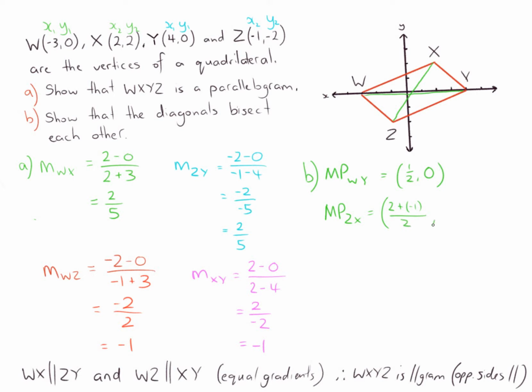And we add the y-coordinates together and divide by 2, we get 2 plus negative 2 over 2. And when we simplify this, we will have the midpoint of ZX. 2 plus negative 1 is just 1, so 1 over 2 is half, and 2 plus negative 2, well, that's 0, so we get (1/2, 0).